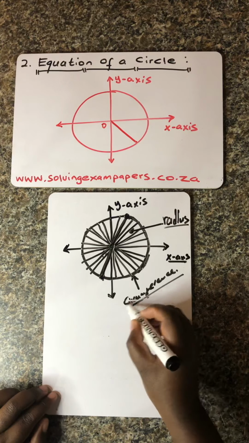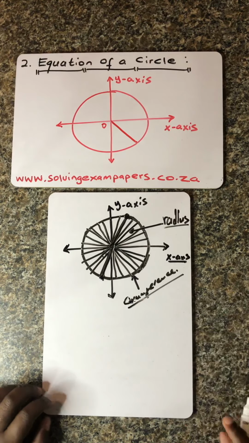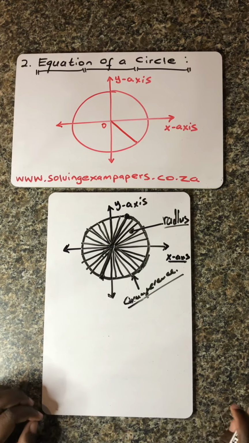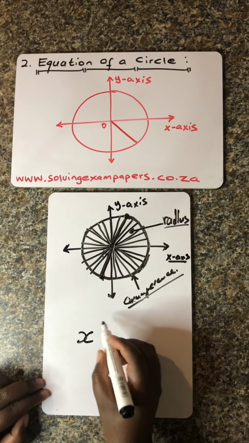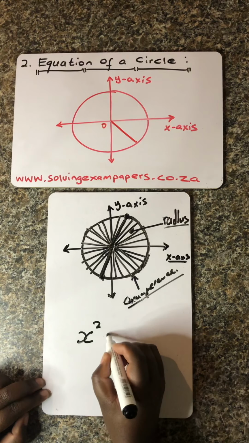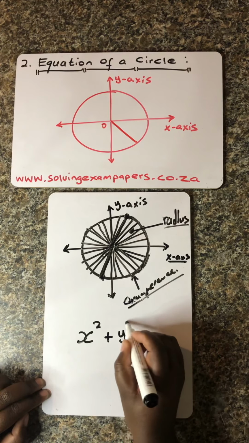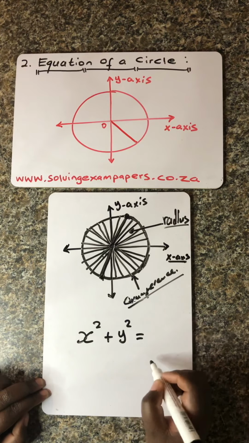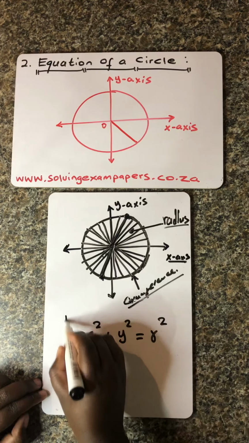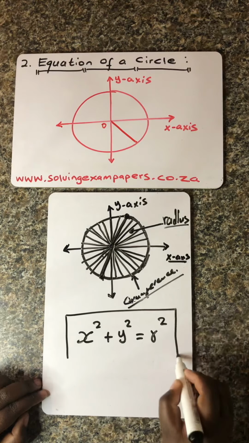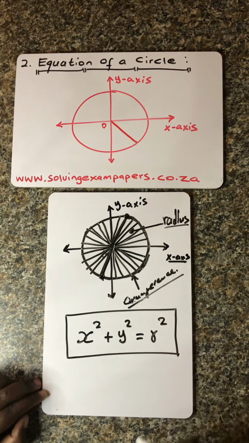Remember, this is the circumference. So ladies and gentlemen, generally the equation of a circle is x squared plus y squared equals radius squared. This is the general equation of a circle.